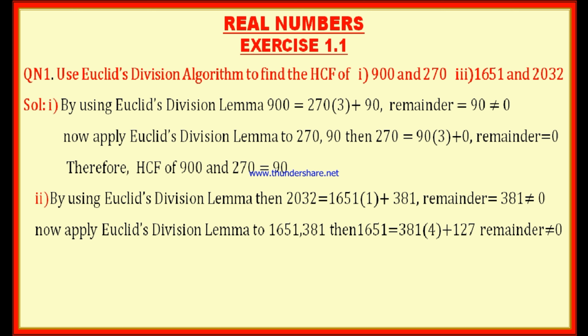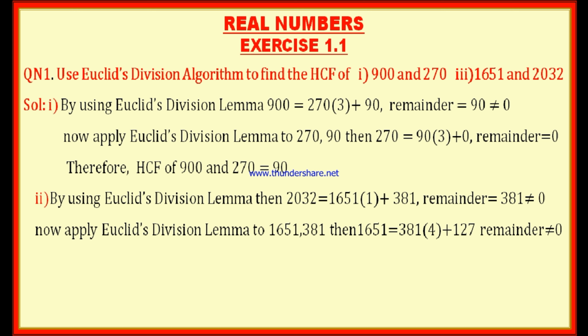Therefore, 1651 is equal to 381 into 4 plus 127, and the remainder is not 0 again.